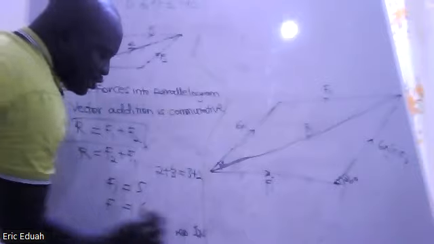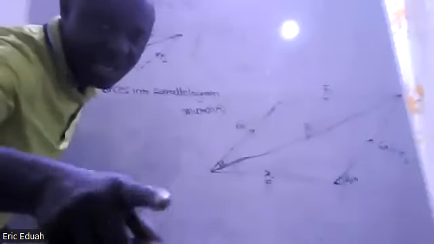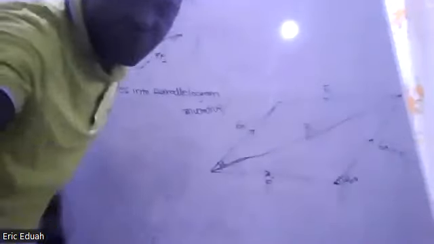Ladies, are you fine? Yes, please. Let's look at the formula to use. I think I'll bring a question on where we have to use a scale drawing, then we do it and see. Is that okay?